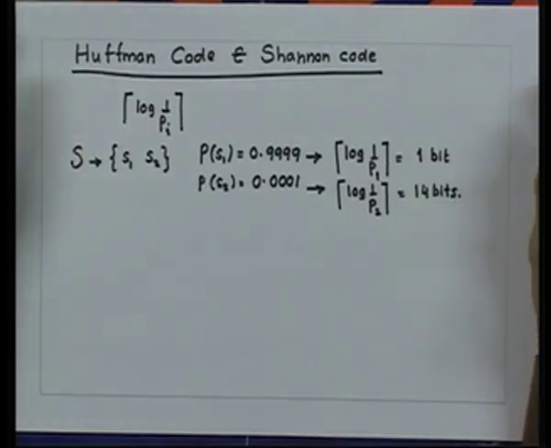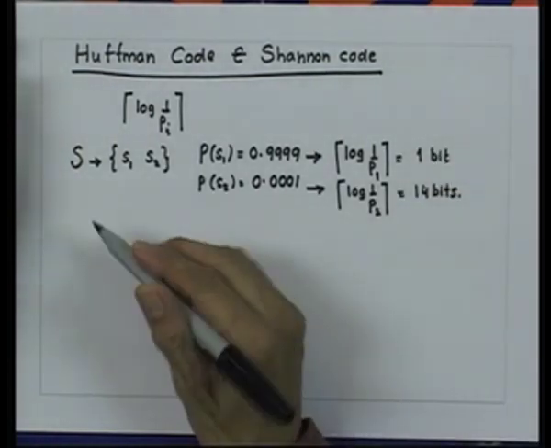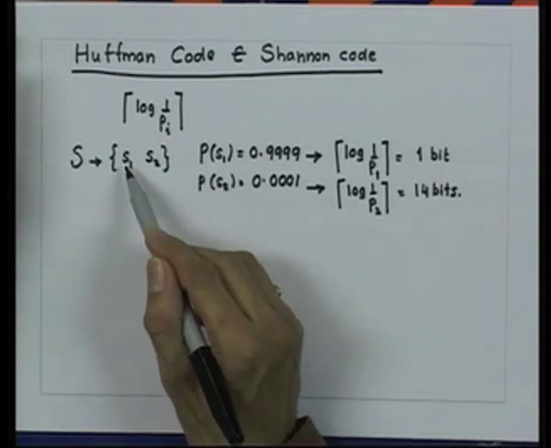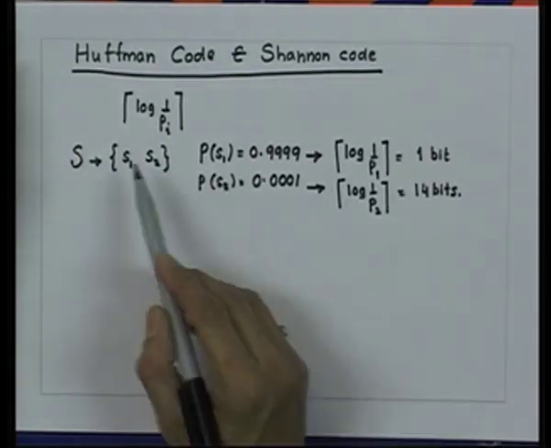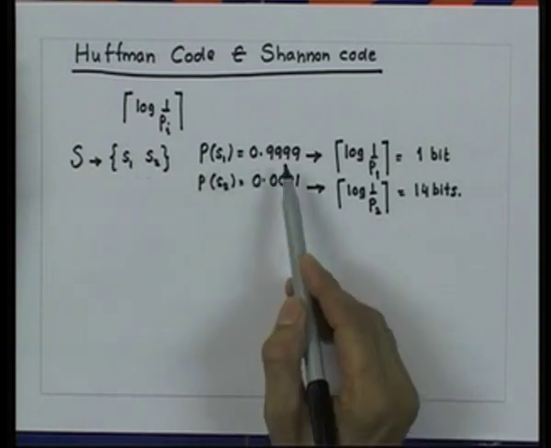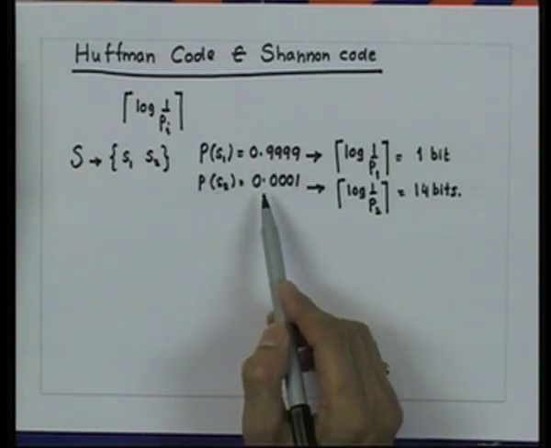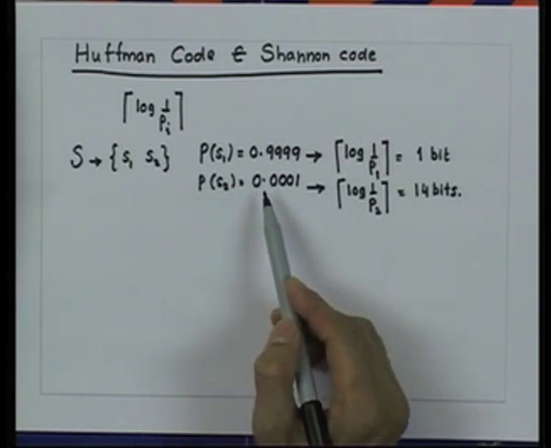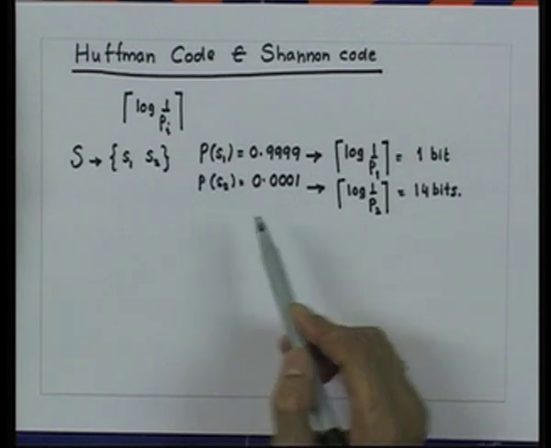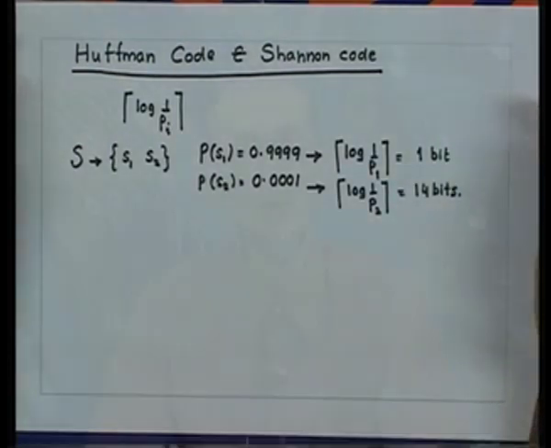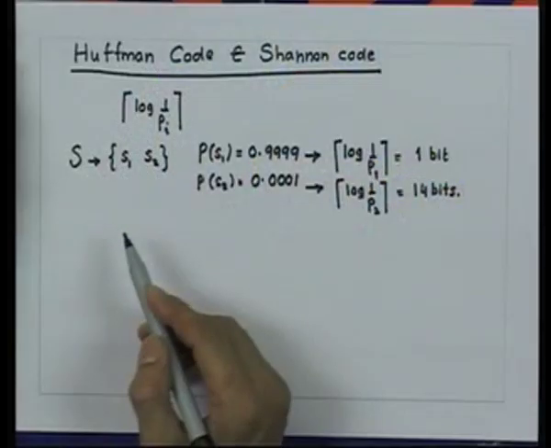Optimal code word length is obviously 1 bit for both the symbols S1 and S2. Hence, the code for the infrequent symbol is much longer in the Shannon code than in the optimal code like Huffman code. Now, is it true that code word lengths for an optimal code are always less than upper floor of log 1 by pi?